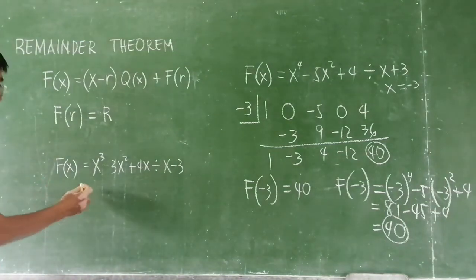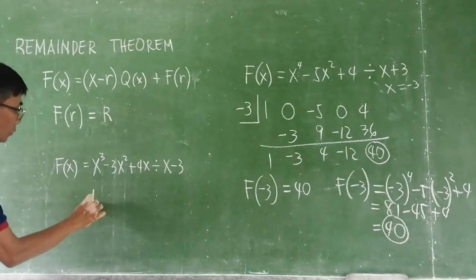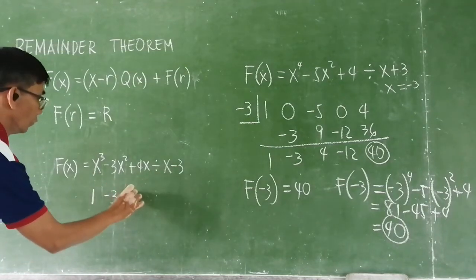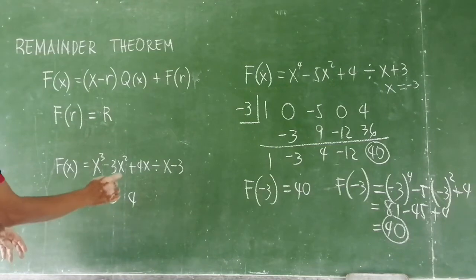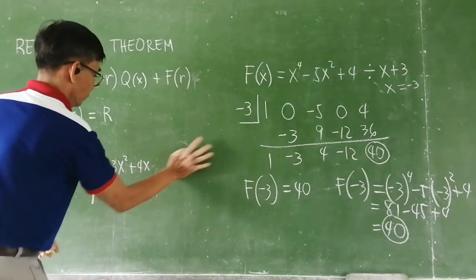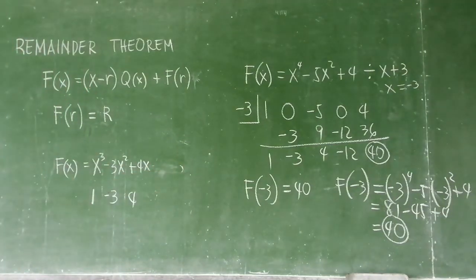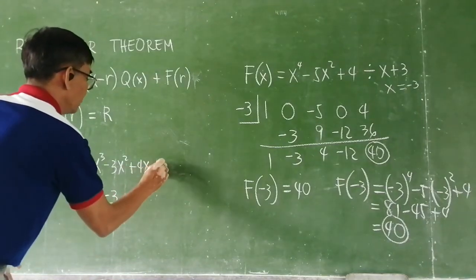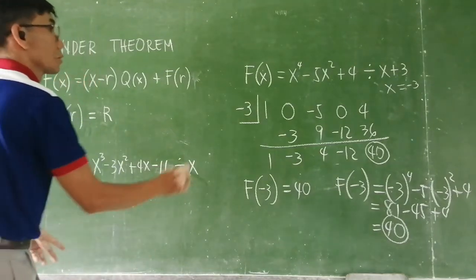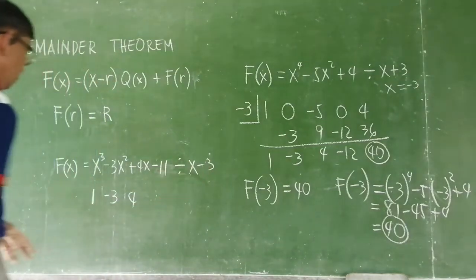Using synthetic division again, let's write 1, negative 3, 4, oops, I think we missed one number here. That will be negative 11. Sorry. Okay, divided by x minus 3.